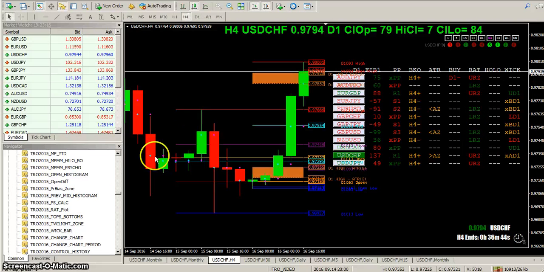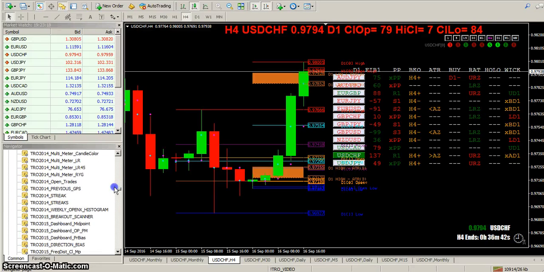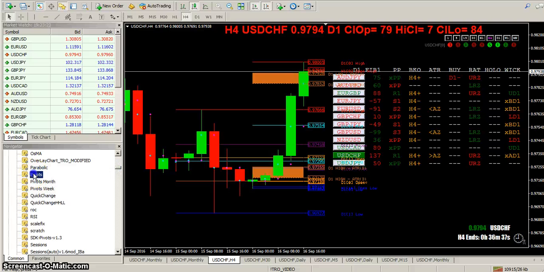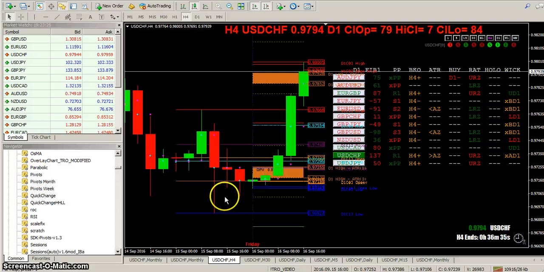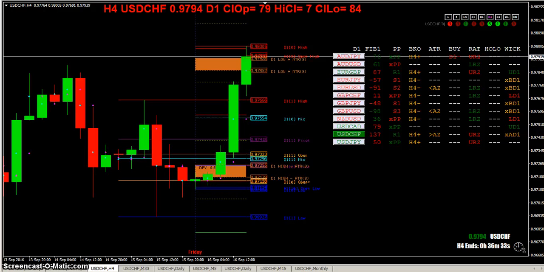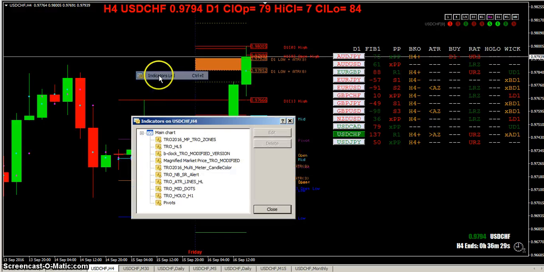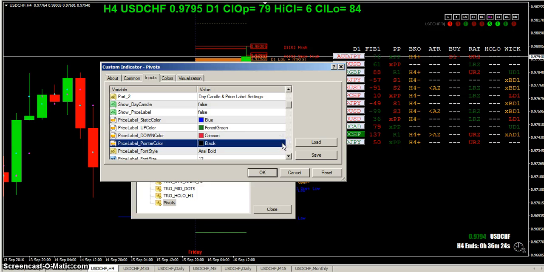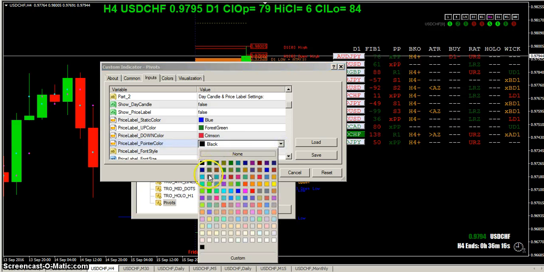Maybe I can put on a pivot indicator that I found. Pivot. I decided to use this one instead of reinventing the wheel. And the one thing about this indicator, for some strange reason, they decided to put things in black.